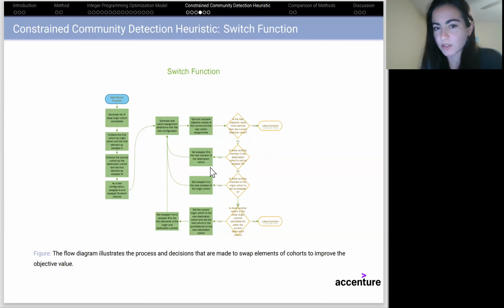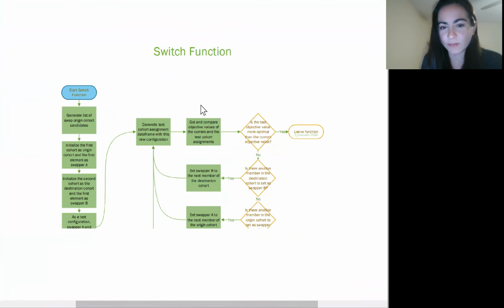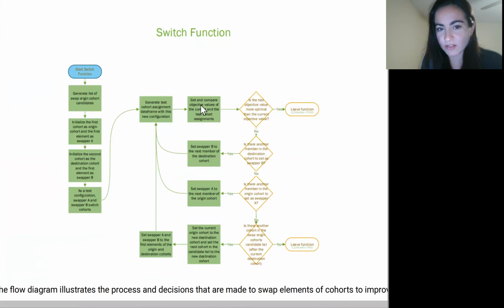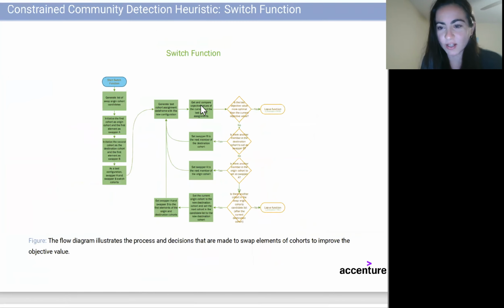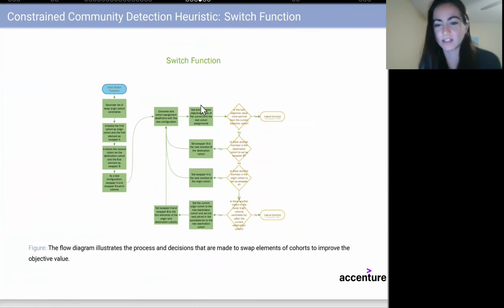This is kind of a deeper dive into the switch function, and basically what we're doing in the switch function is swapping members of cohorts, done in a very linear way. We use linear sum assignment to try to identify what swap should take place, and this is iterative itself as well. That's all in the paper too, in the appendix for further reference.